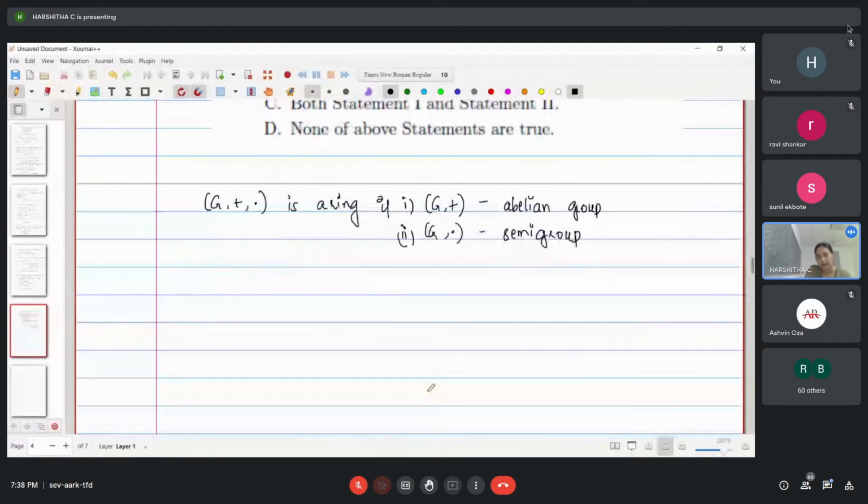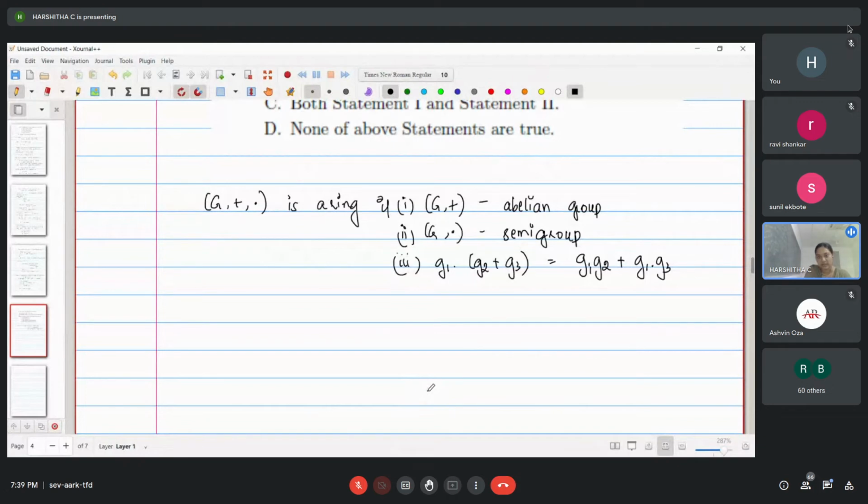So what does that mean? You take g1 dot (g2 plus g3). This will be g1 dot g2 plus g1 dot g3, and the other way also.